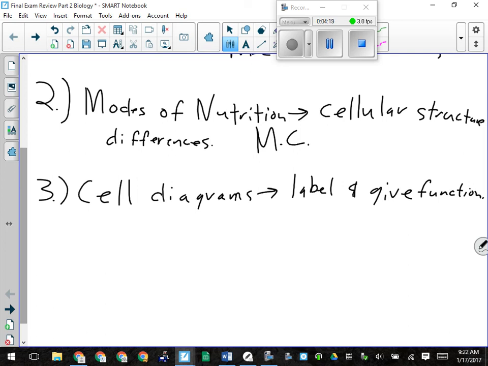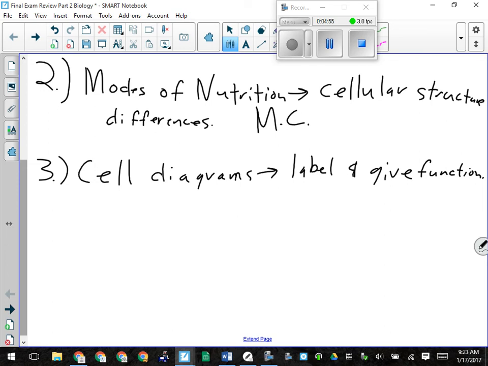It's not in the written part of the final. It's all in the multiple choice this time. But I still ask what's the function of structure number 4? Or what would happen to a cell if structure number 5 was damaged? Those are ways for me to ask what's the function of this structure. And then of course there'll be what is structure number 2? Oh, it's the cell membrane or the cell wall or whatever. Everybody follow there? So there's a few of those in the multiple choice, so be sure that you go over your cell diagram and that you can label all the parts.